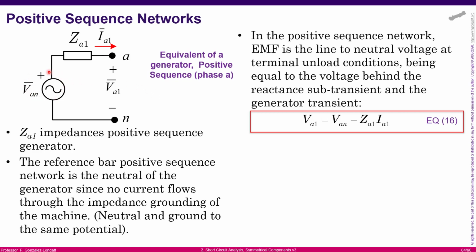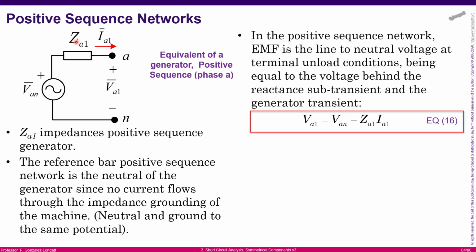Well, it's extremely simple. It's the only component where you will find this voltage source, and this is the internal voltage source of the synchronous generator. Using the most basic model, this ideal voltage source is in series with one impedance, and that is the positive sequence impedance of the synchronous generator.